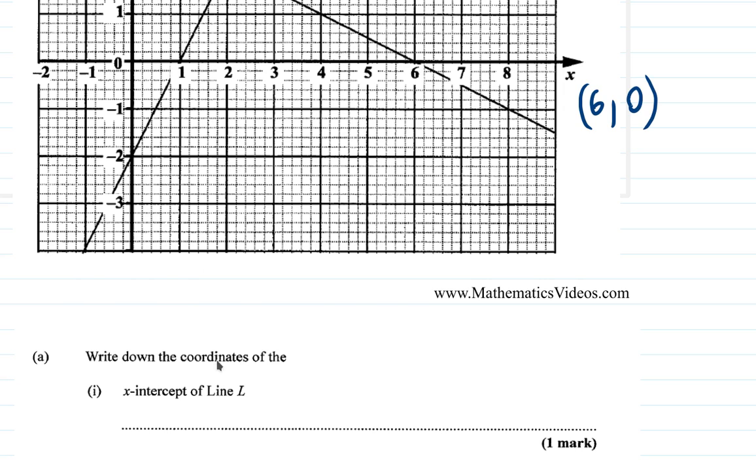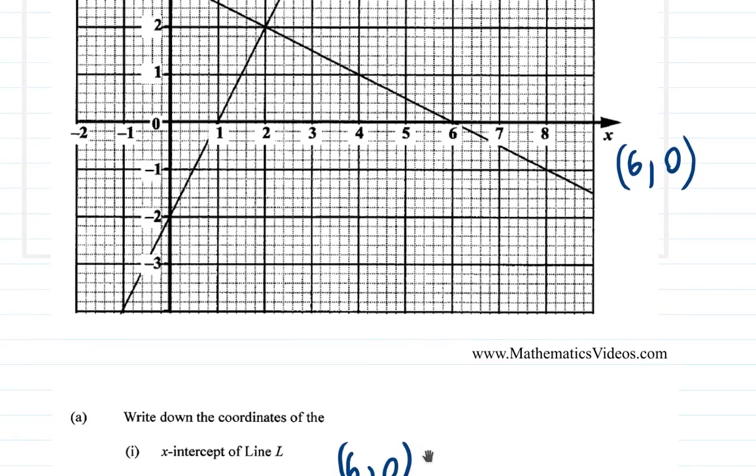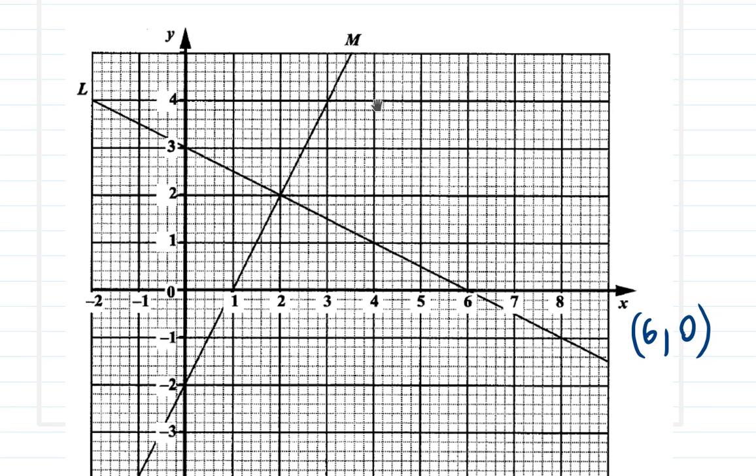So, that's the x-intercept, 6, 0. The next thing now, the y-intercept of line M. Where is it? The y-intercept would be wherever the line meets the y-axis.